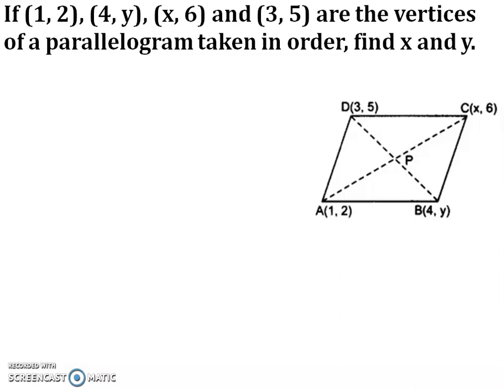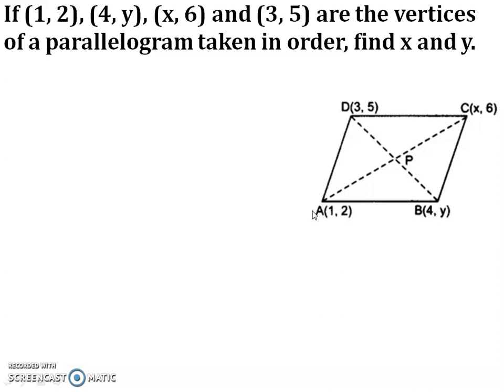The diagonals bisect each other at a given point. Clear? So, that property you are using here to solve this problem. That is, the diagonals of a parallelogram bisect each other. That is, the point P here is the midpoint of BD as well as the midpoint of AC.